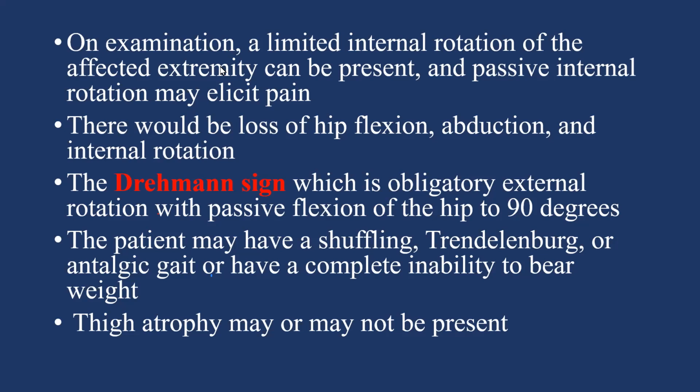The patient may have a shuffling, Trendelenburg, or antalgic gait, or have a complete inability to bear weight. Thigh atrophy may or may not be present.